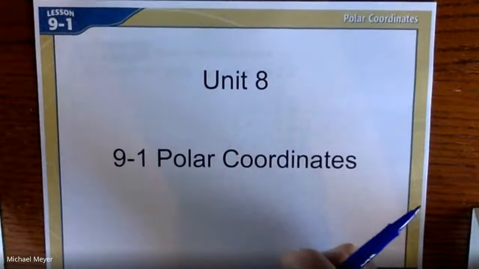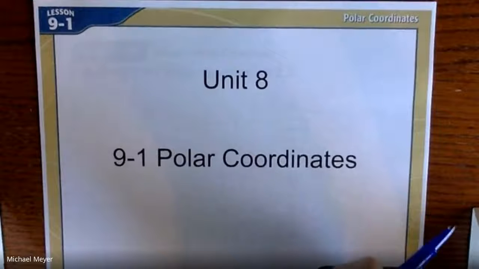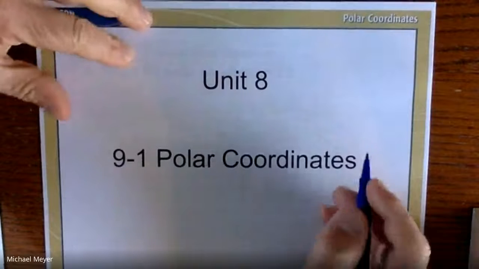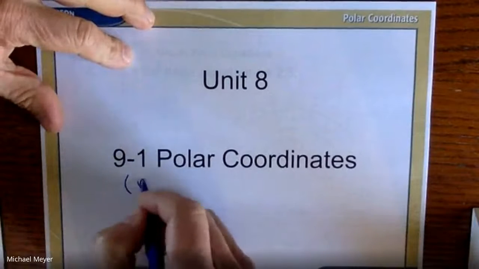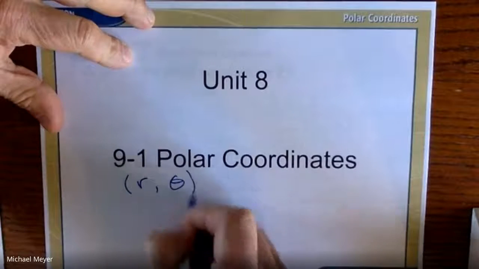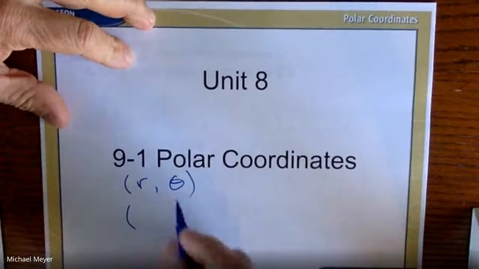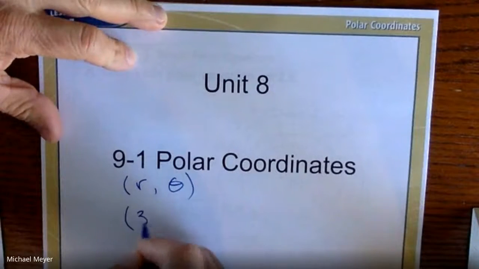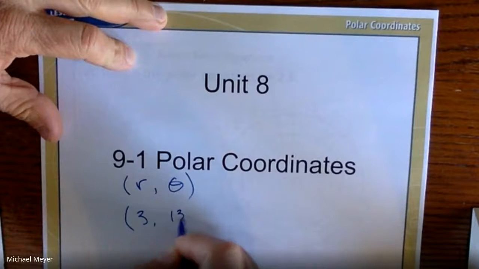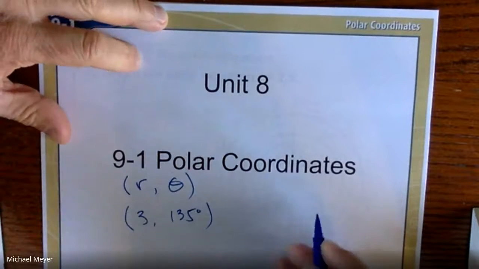Hello there. So yesterday we practiced plotting points on a polar coordinate plane, which involved a radius and an angle theta. As we plotted these, say we had 3 at 135 degrees.